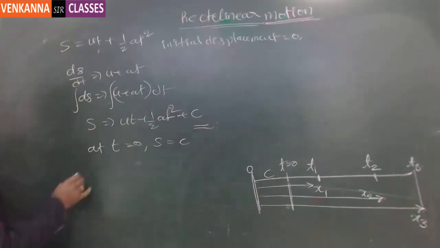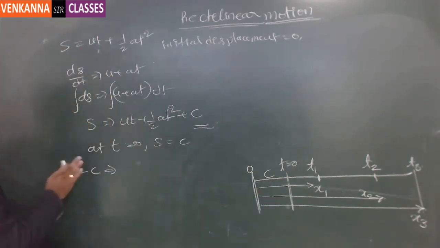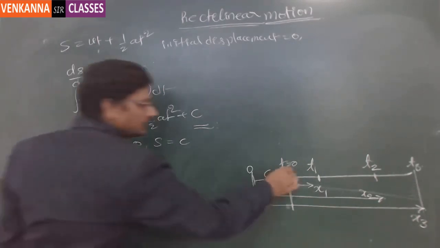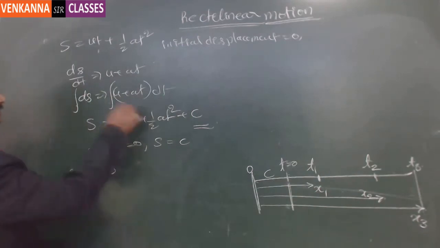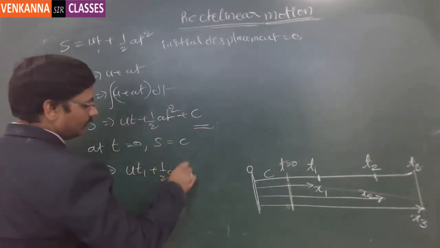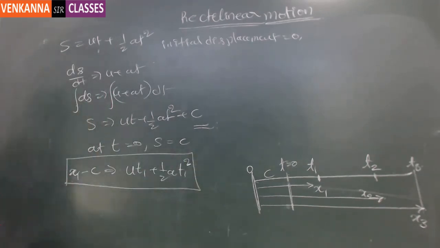So s minus c is equal to... s is actually now x1. To travel a distance of x1 minus c, it took a time of t1, because t is equal to 0 to t is equal to t1. That means this equation: ut1 plus half a t1 square is the x1 minus c value.